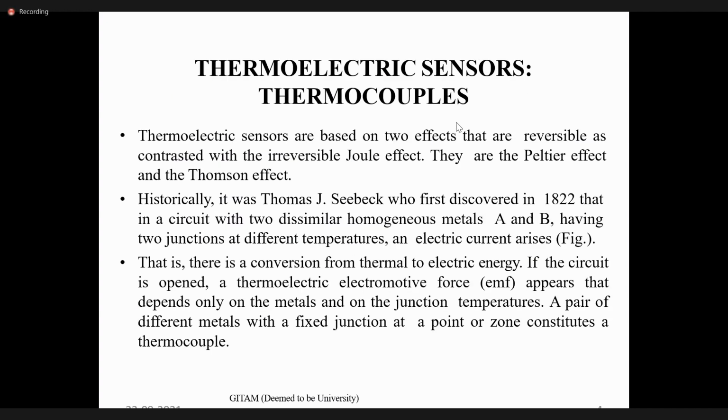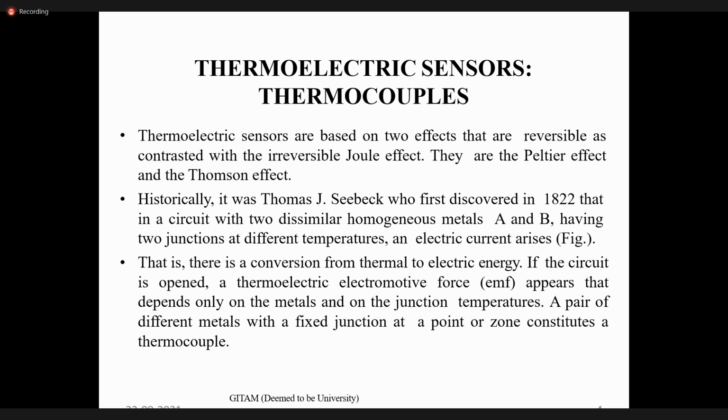Next, thermoelectric sensors. First sensor in thermoelectric sensors: thermocouples. Thermoelectric sensors are based on two effects that are reversible, as contrasted with the irreversible Joule effect.